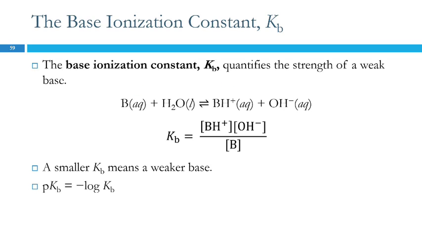The reaction goes more towards the products and produces more hydroxide. So that's a stronger base. And just like with hydrogen ion and acid ionization constant, we can talk about pKb. So pKb is just the negative log of Kb. Any questions?